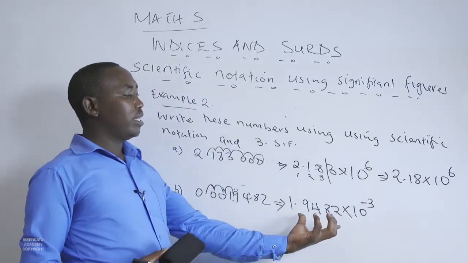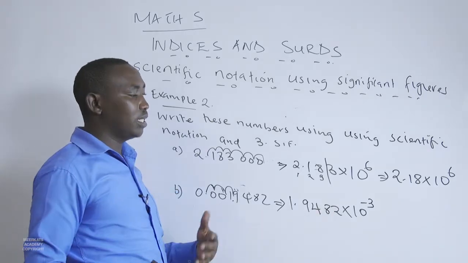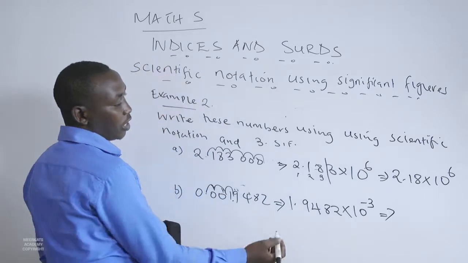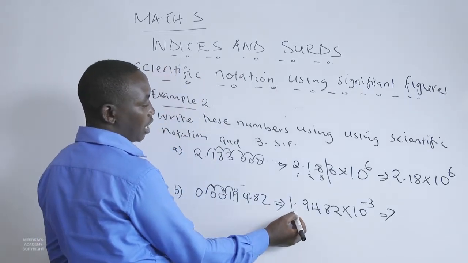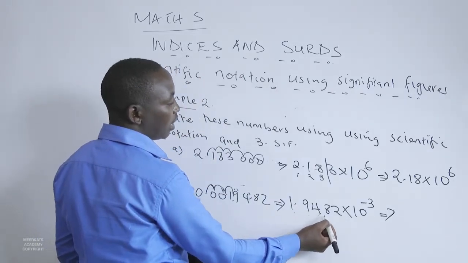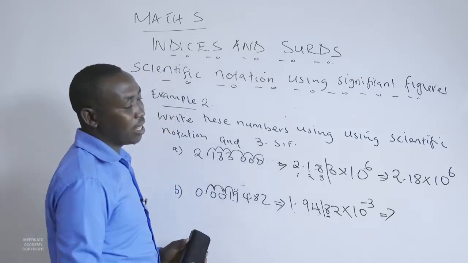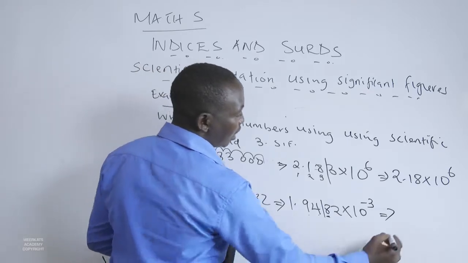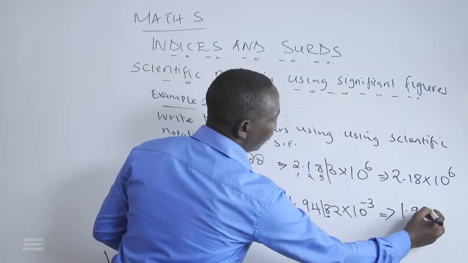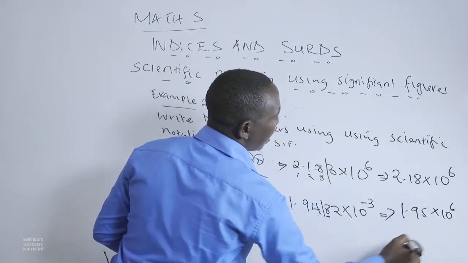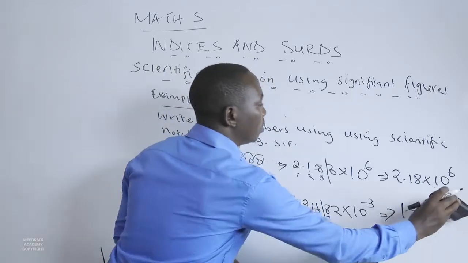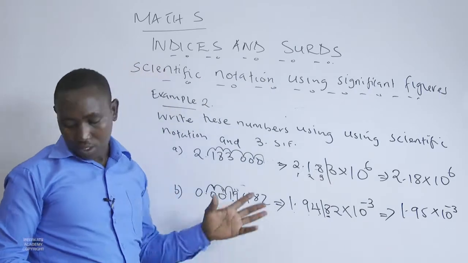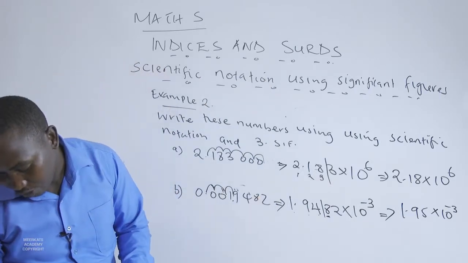You still discover that this number is very big, and scientifically we wish to reduce it to 3 significant figures. So you count 3 significant figures from your left: 1, 2, 3. You consider the other figure is more than 5, therefore it's going to affect this one to be 5. So that will be 1.95 multiplied by 10 raised to negative 3. So that is the expected response for the 2.